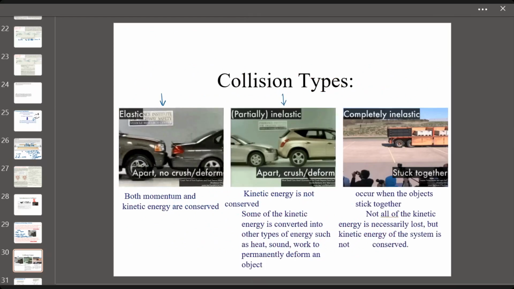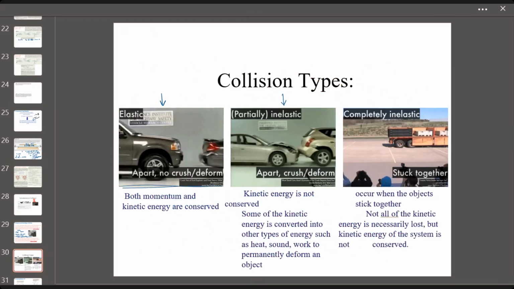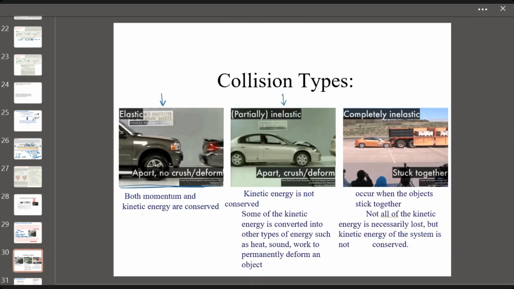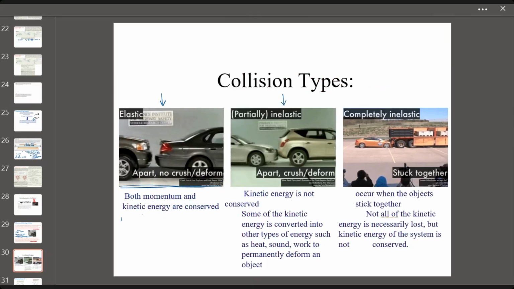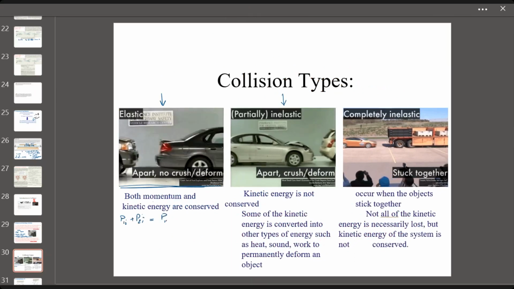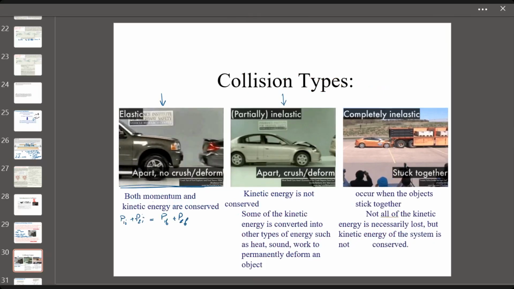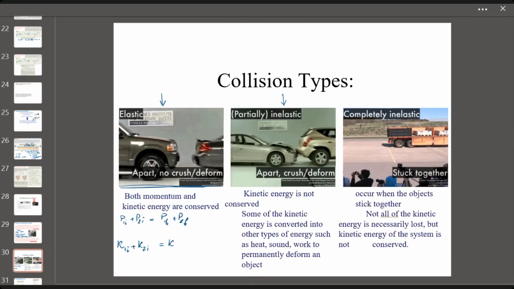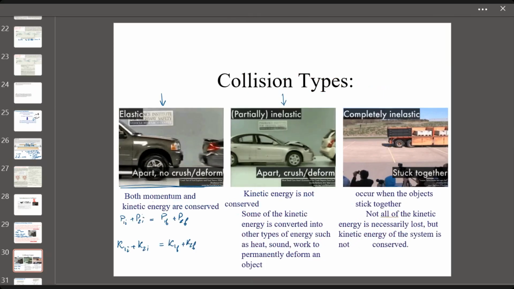The elastic collision, this is my first figure. Here, both momentum and kinetic energy are conserved, which is nice. I'll write P1 initial plus P2 initial equals P1 final plus P2 final. And I will write K1 initial plus K2 initial equals K1 final plus K2 final.